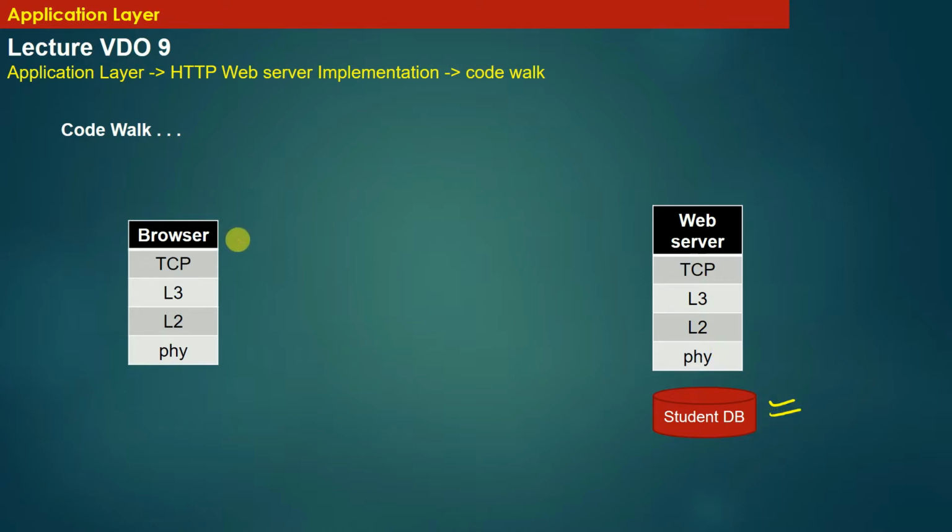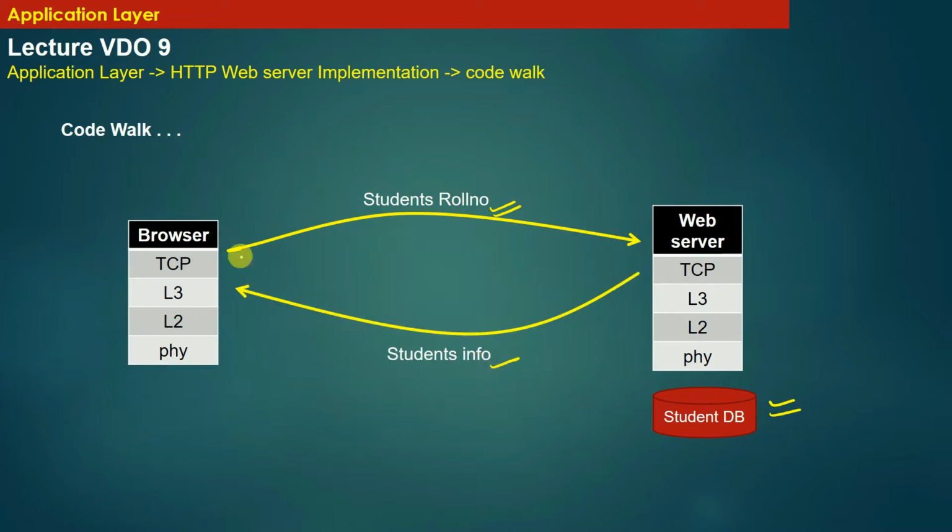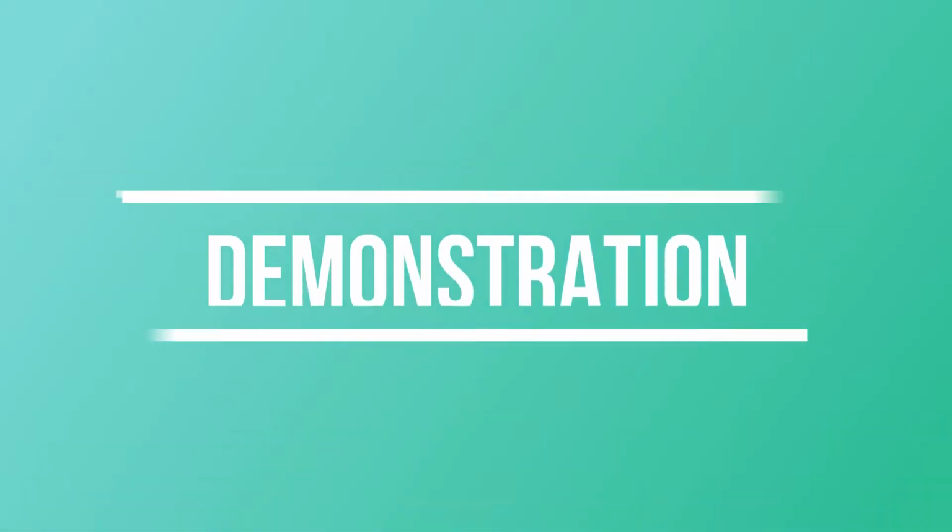In this example, we will query the web server with the student roll number as a key. Using this key, the web server will search its student database and find the student which matches the roll number. The web server simply returns the student info to the browser, and the browser simply displays the information returned by the web server in the response. This is the simple example that we will discuss.